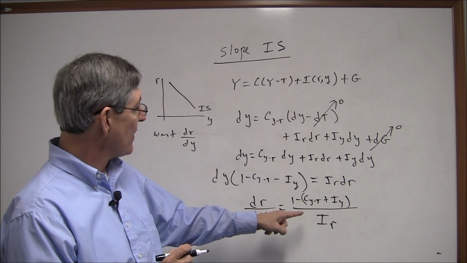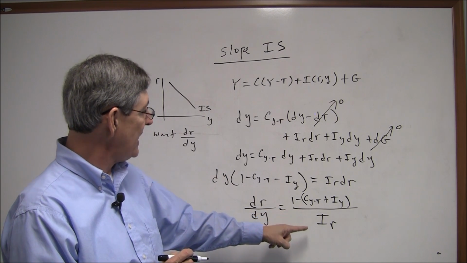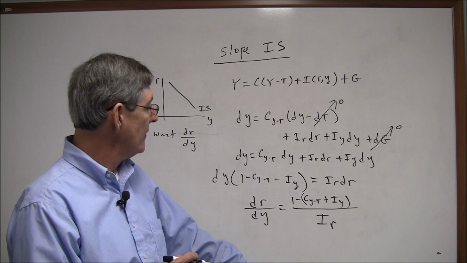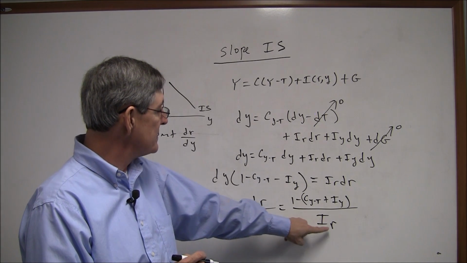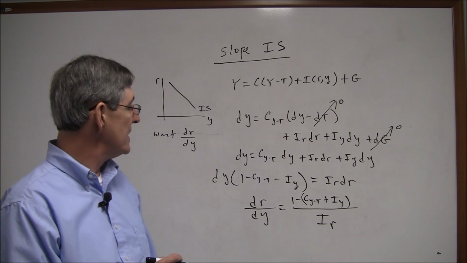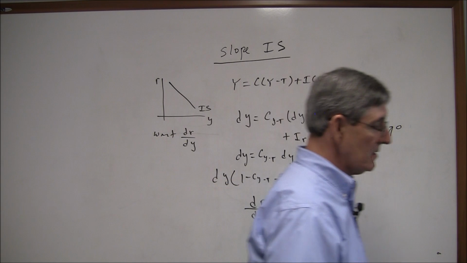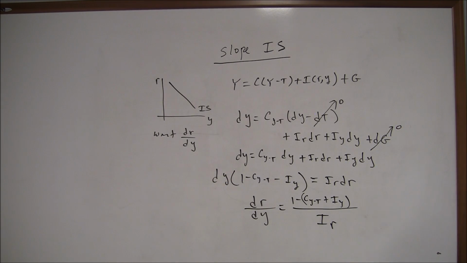So I'm going to show that graphically. I'm going to look at how the slope of the IS curve changes when I of R, the responsiveness of investment to interest rate, changes. This is how investment changes when the interest rate changes.